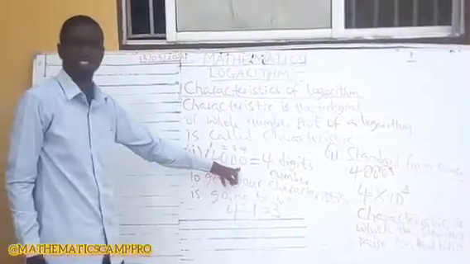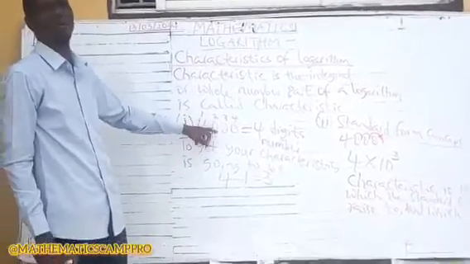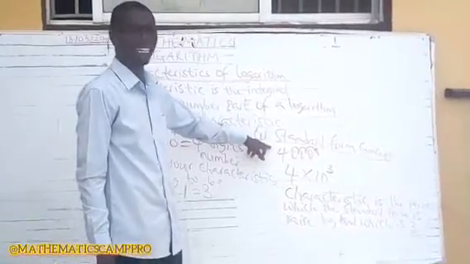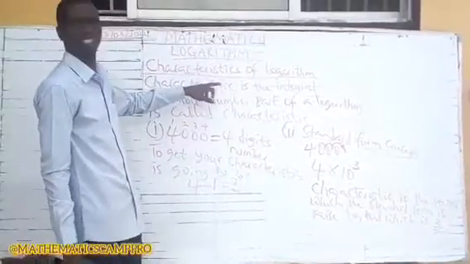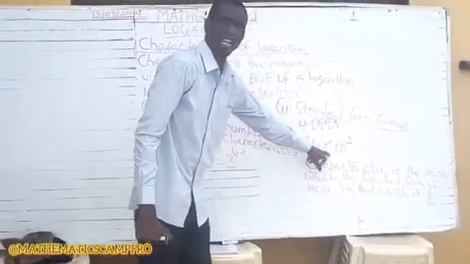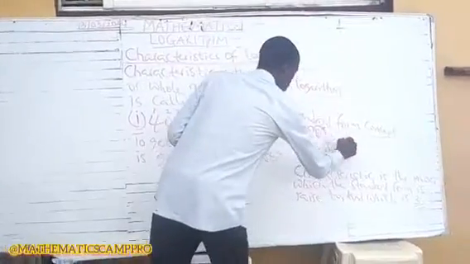Now, looking at the first way, I said for you to get your characteristics, you count the number of digits. Now we are looking at numbers that are what? Greater than 1. And using the standard form concept is another way by which you can get your characteristics of logarithm. Look at it, we have 4 times 10 raised to power 3. This is what? Your characteristics.